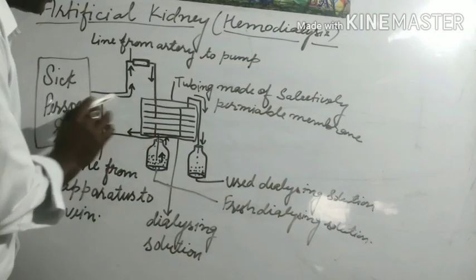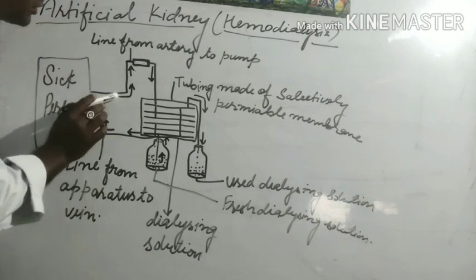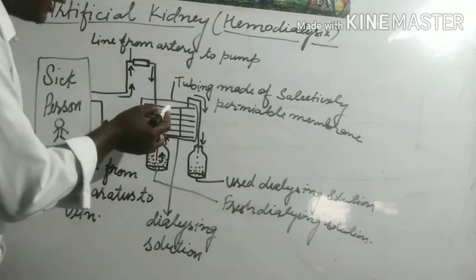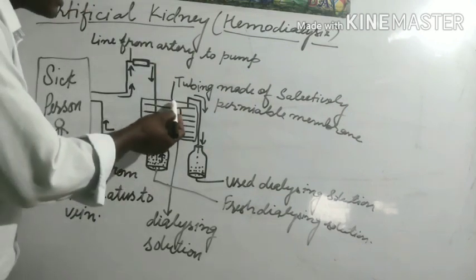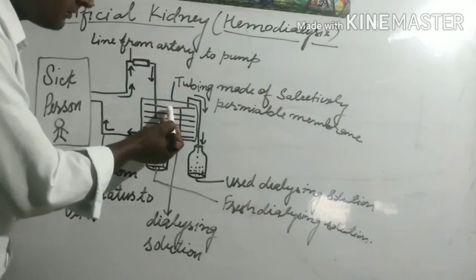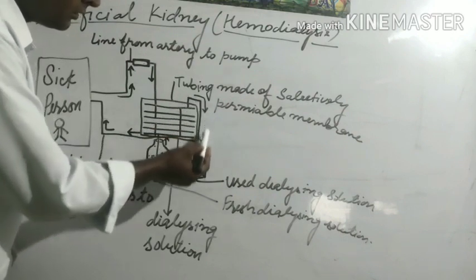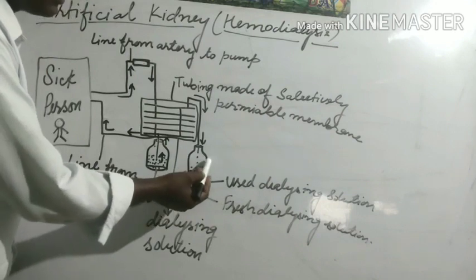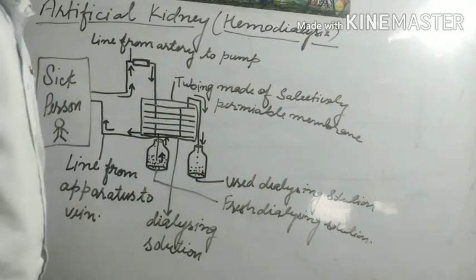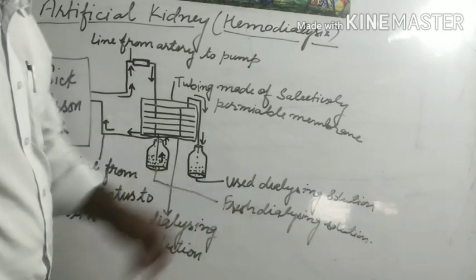I have mentioned here how the blood is transported. The blood from the artery comes through this tube, and in this way it passes into the tubing system. In this tubing system, there is ultrafiltration. After this filtration happens, it passes into a tank, into this bottle-like structure, that is the dialysis solution and fresh dialysis solution.